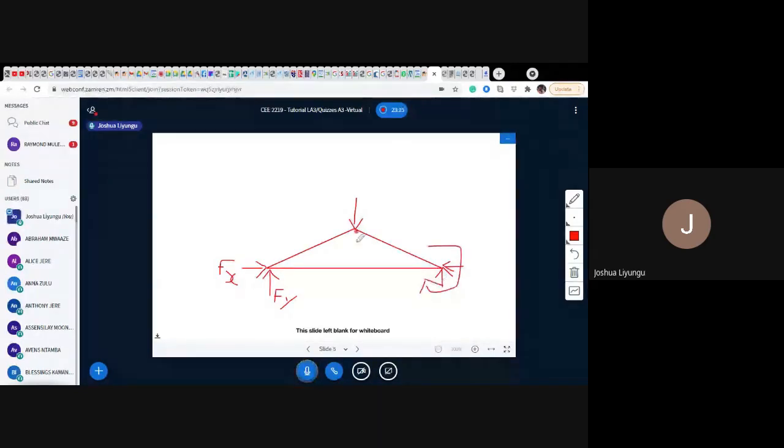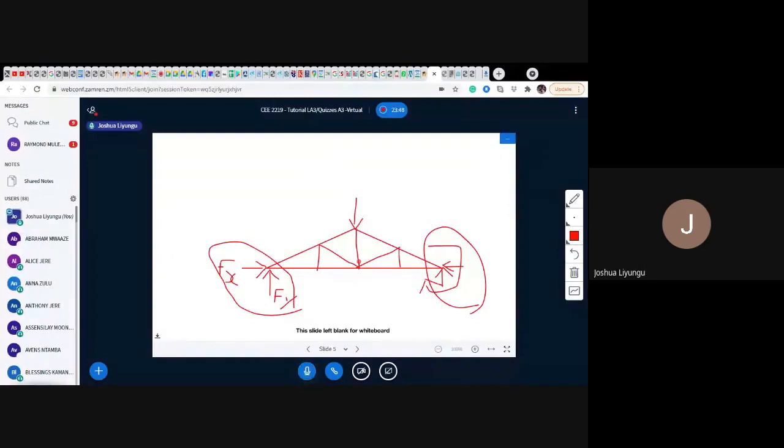And of course, we will have internal members in that truss. So the first thing that you need to do, you first determine the external forces. Then when you are done, that's when you come to determine the internal forces.